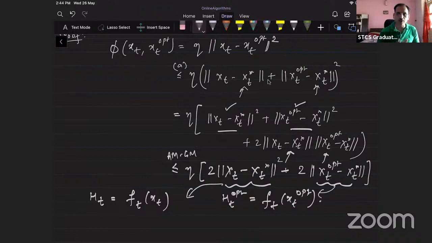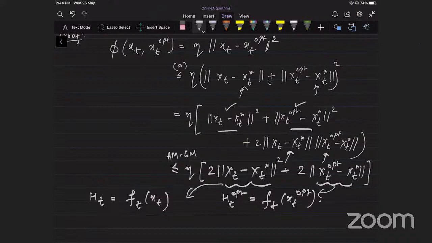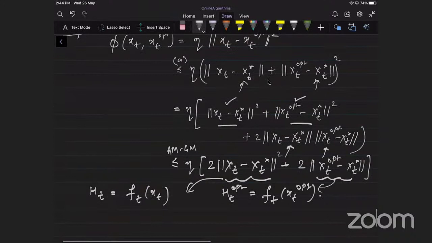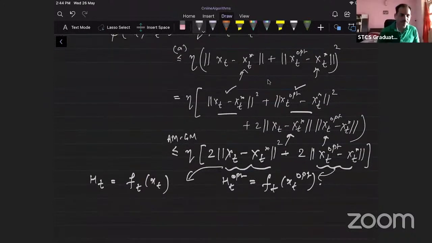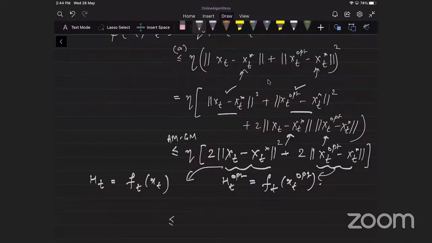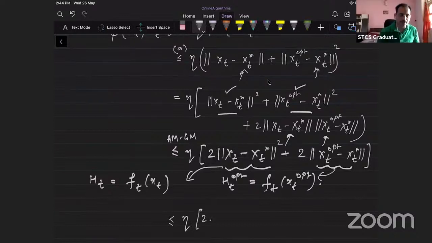Do you want me to remind you of the definition of strong convexity? We get a bound on del of f. Oh, del is important. So check it yourself, you can get this. So 2 is as it is.